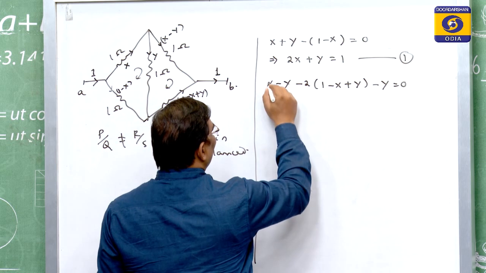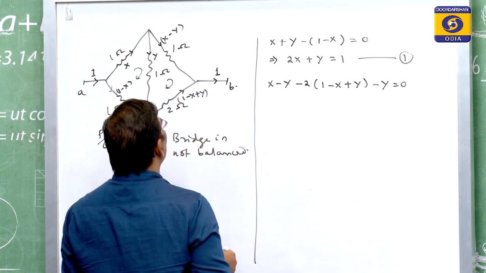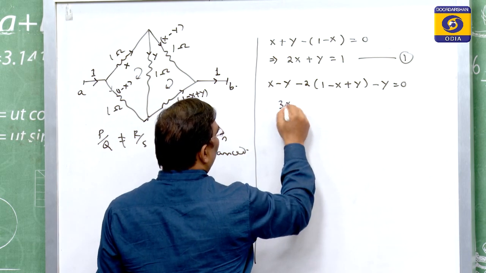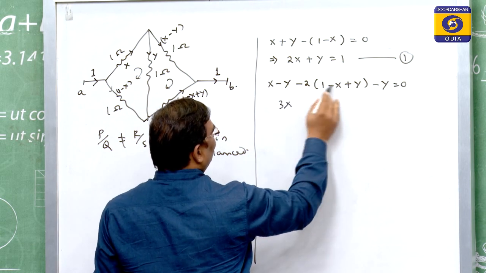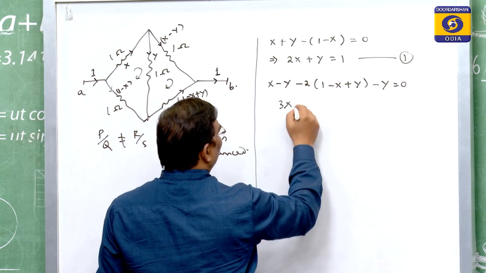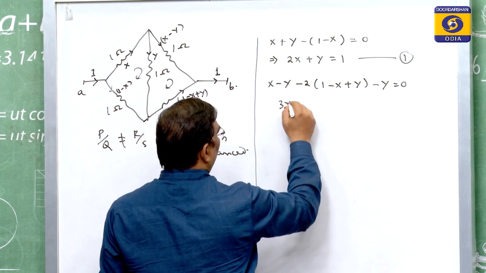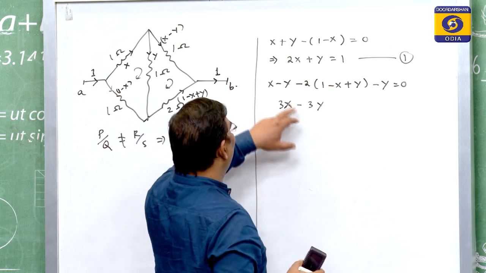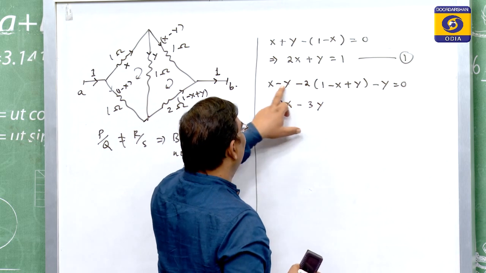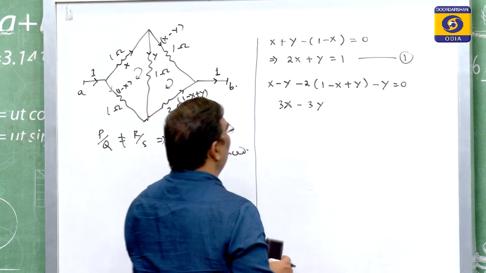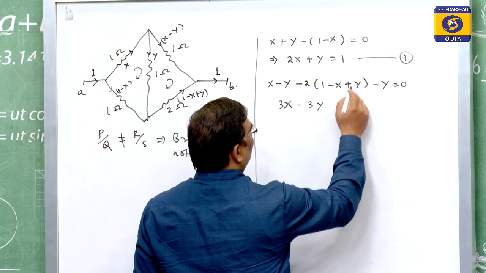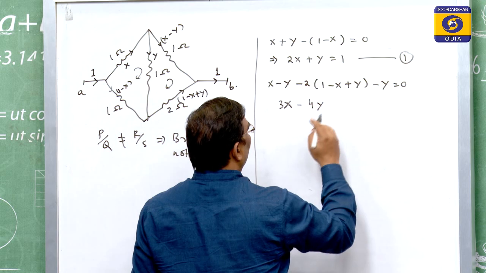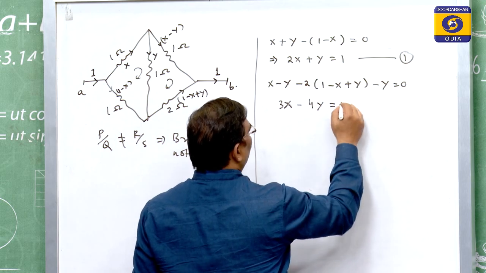So, I get 3X minus 2Y minus Y, 3X minus 3Y, minus Y. So, 4Y equals 2.